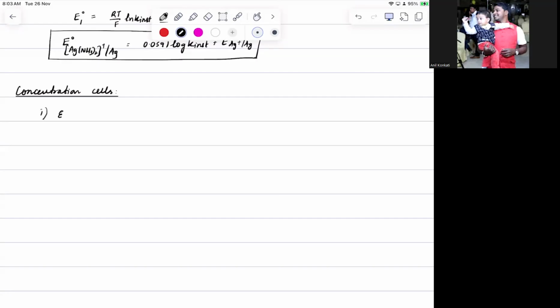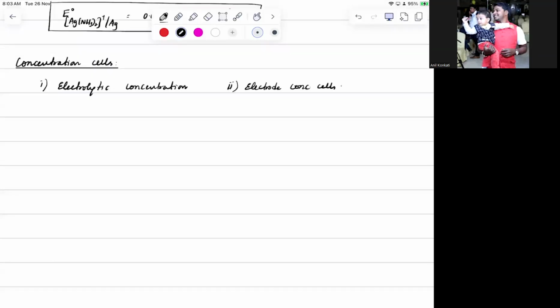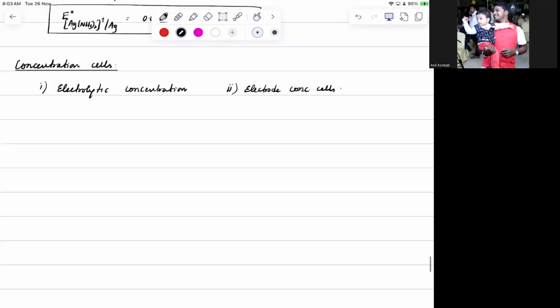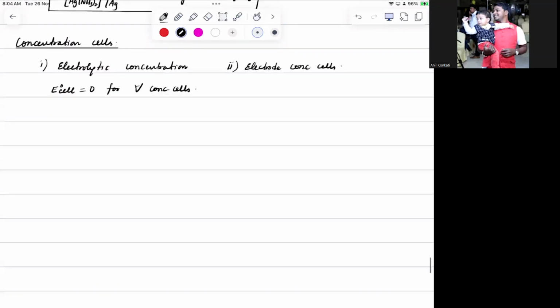One is the electrolytic concentration cell, and the second one is the electrode concentration cell. What is true for all the concentration cells is that E naught cell must be 0. That is one thing which is always true.